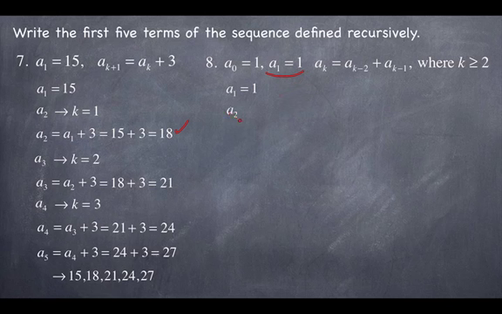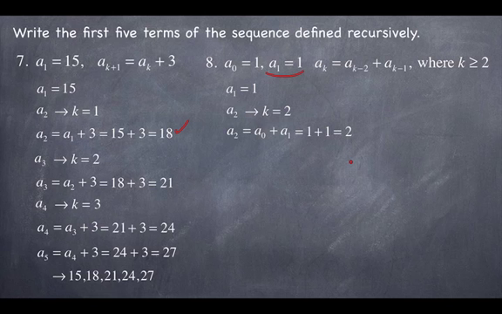To find a sub 2, I just basically need to let k equal 2. Then I substitute k equals 2 here, and I get the following. Now, what is a sub 0? A sub 0 is 1. What is a sub 1? It was also given to us, which is 1. So that's why a sub 2 is 2.